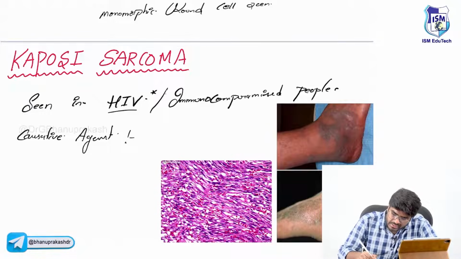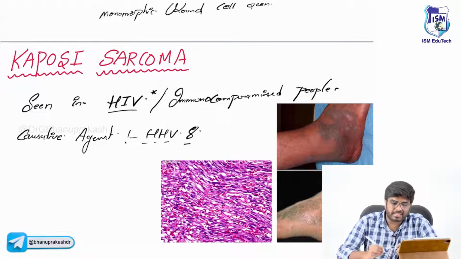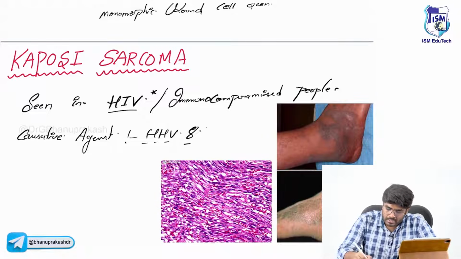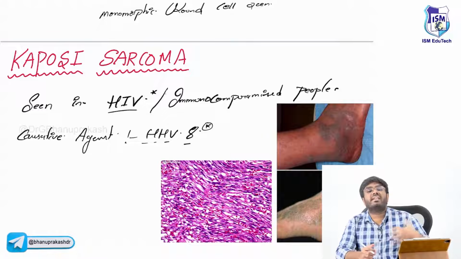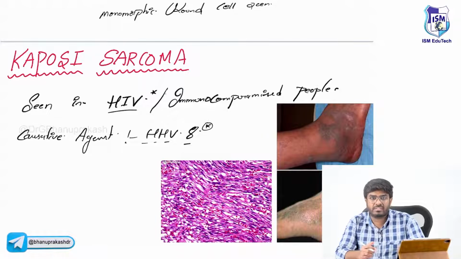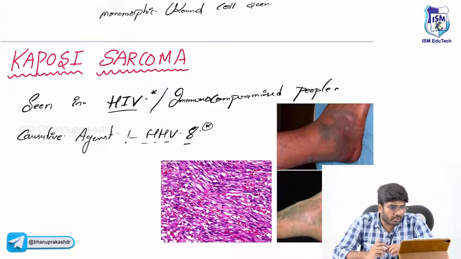No. The causative agent is HHV8, human herpes virus 8. So those people who are suffering with immunocompromised state, they will get this HHV8 virus, and this HHV8 virus is going to attack the blood vessels, and that will cause Kaposi's sarcoma.